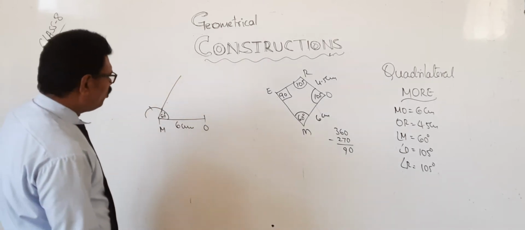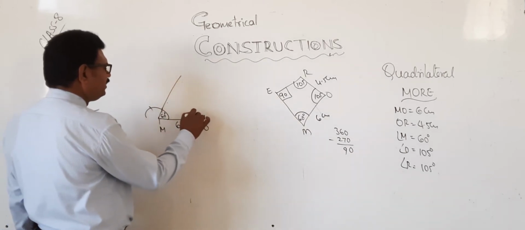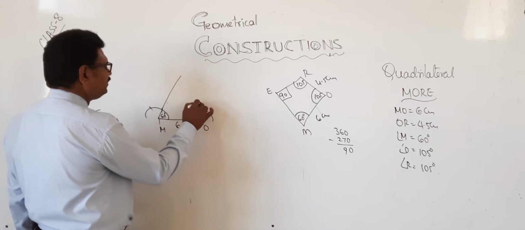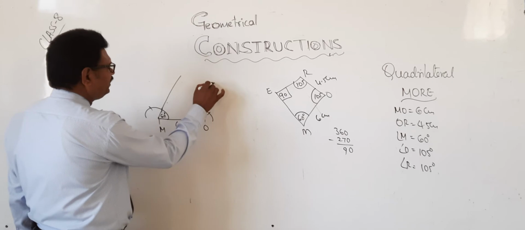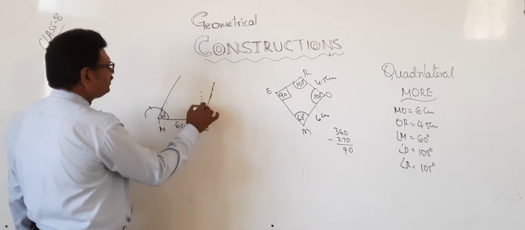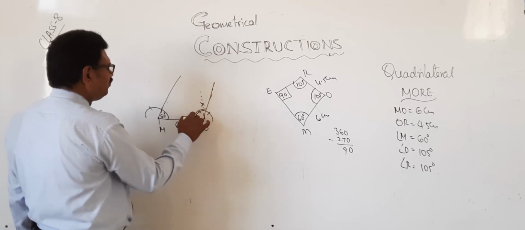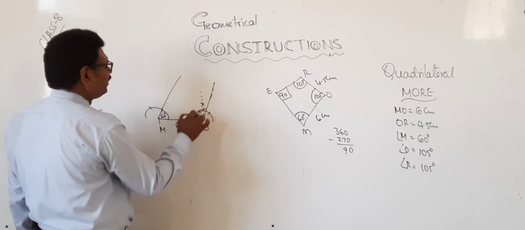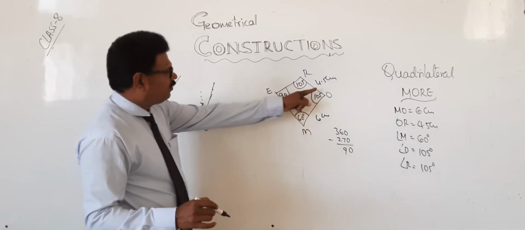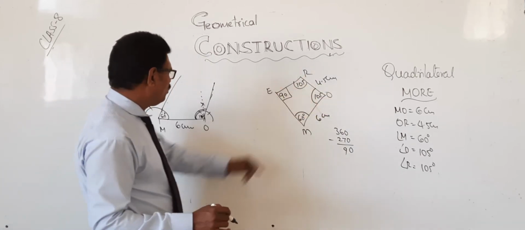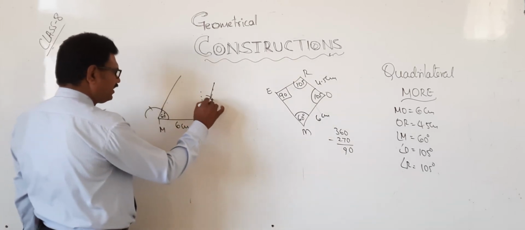Next angle O. Angle O is 105. How much is OR? 4.5. Cut here.